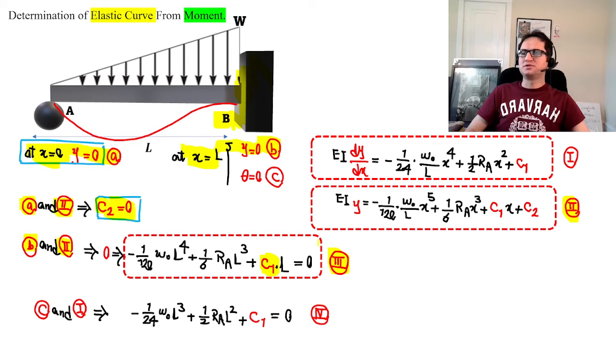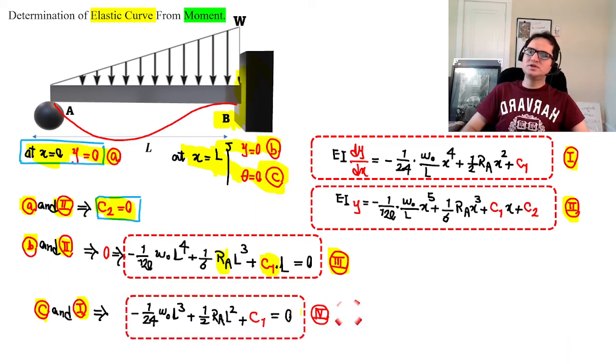it gives you an equation based on Ra and C1, which we call equation 3. And in equation 1 this time, replacing x equal to L, theta is equal to 0, it gives you a new equation, which we can call equation 4.